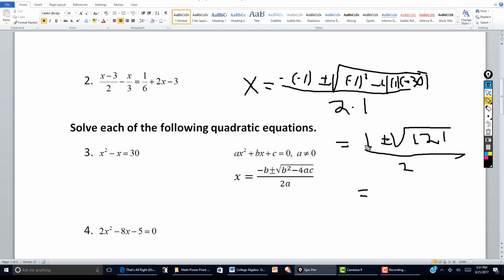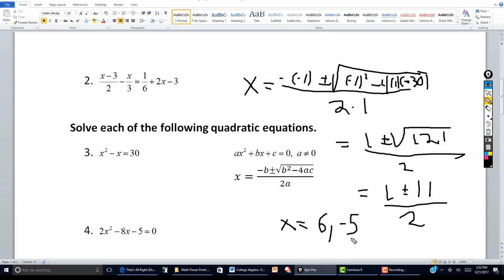And then the square root of 121 is 11. So x then is going to equal 1 plus 11 is 12 divided by 2, that's 6. 1 minus 11 is -10 divided by 2 is -5. Okay, so we get the same thing that we got using the factoring method.